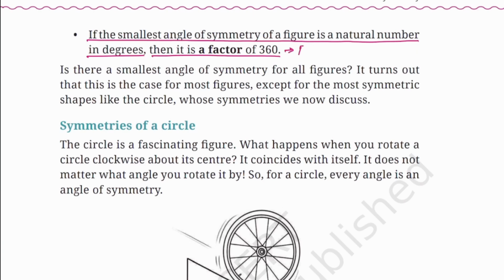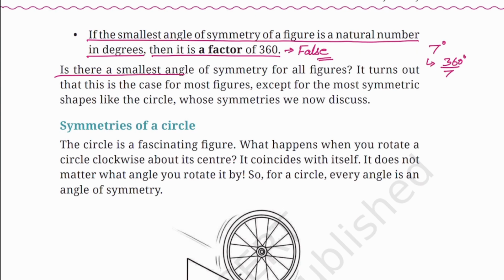This is false. For example, if we take the smallest angle of symmetry to be 7 degree, you know that the number of angles of symmetry is a natural number. Since 360 degree divided by 7 is not a natural number, this statement is false.